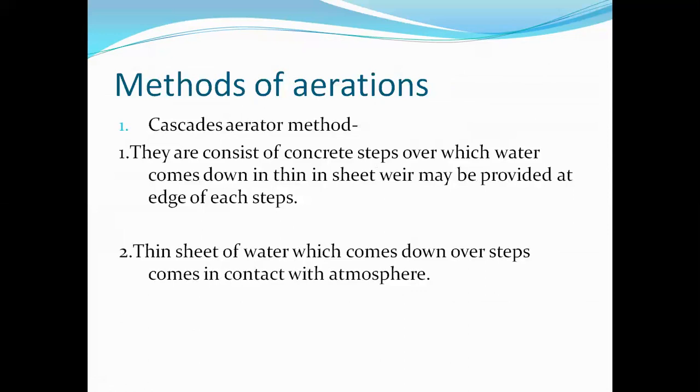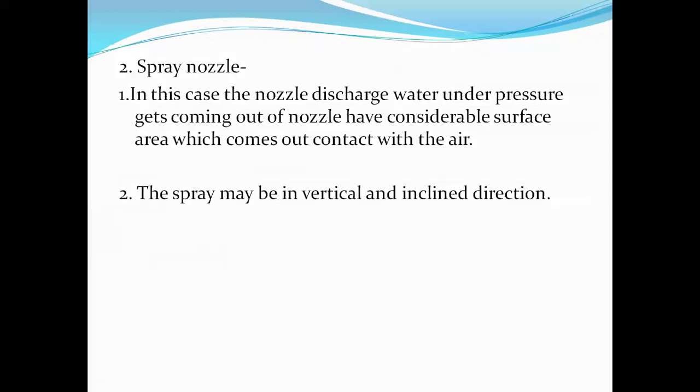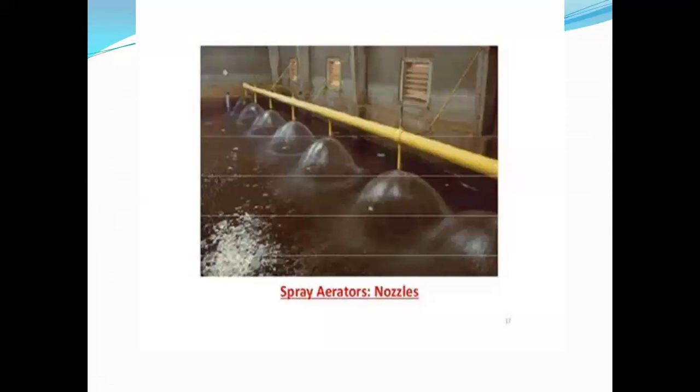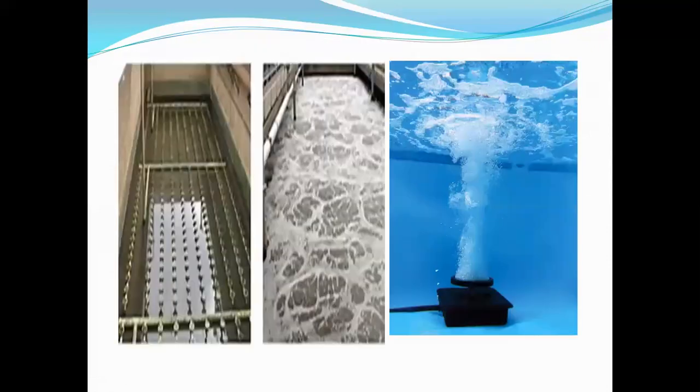Then next is the methods of aeration. The first method of aeration is the cascade aerator. In cascade aerators, the aerators are formed in the form of steps. Then second is the spray nozzle aerator, in which the aerators are in the form of nozzles. Then third is the air diffusion method.